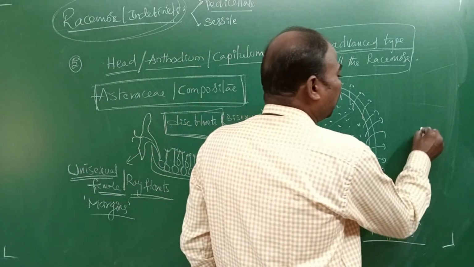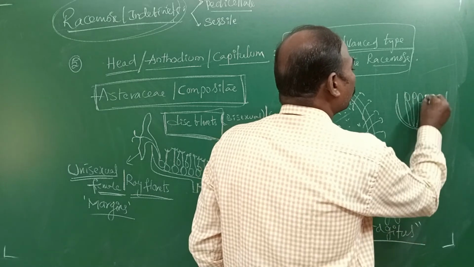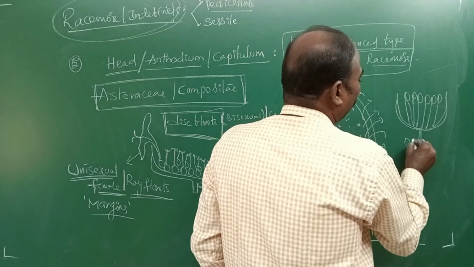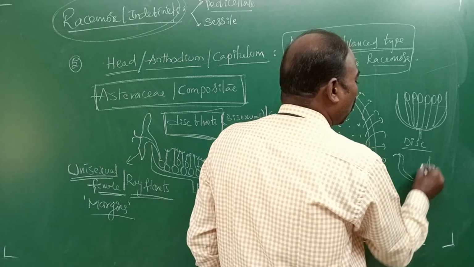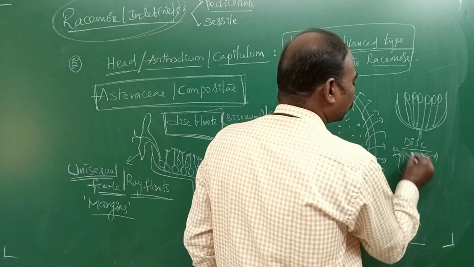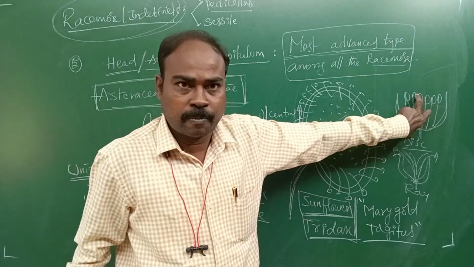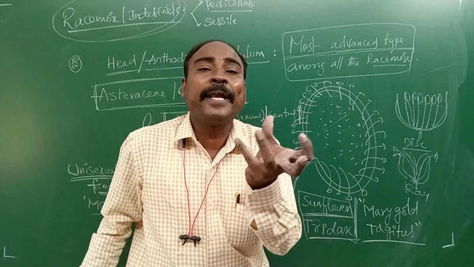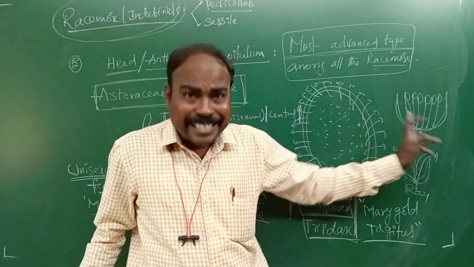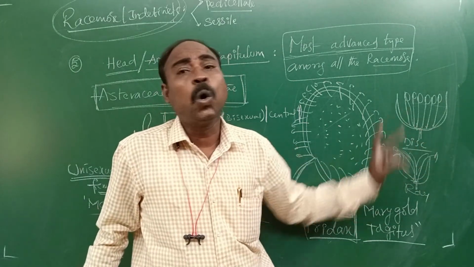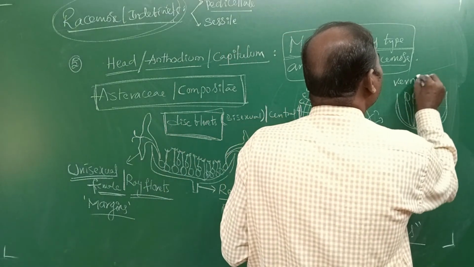Whenever a single head has only disc florets, or only ray florets, only one kind of floret is developed in the condensed peduncle of the head. Such a head inflorescence is said to be homogeneous. Here, homogeneous with only disc florets is found in Vernonia.